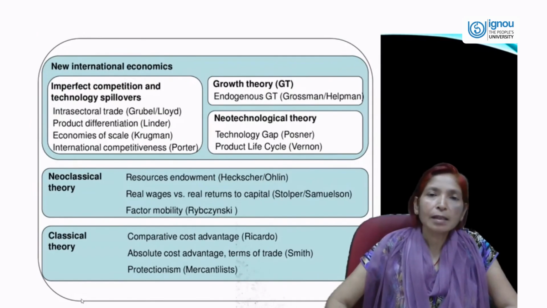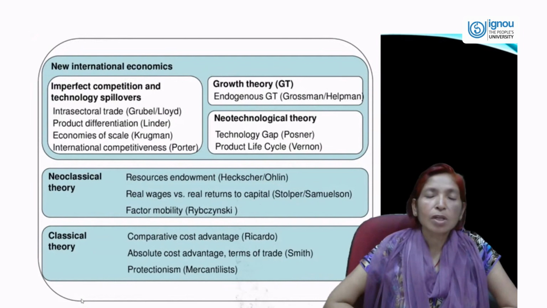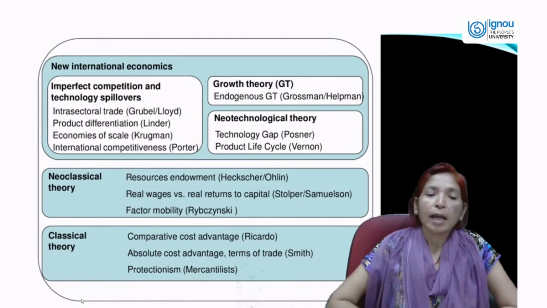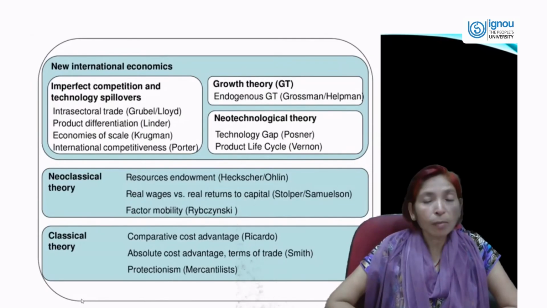Then the new classical theory of international trade, in which the concept of resource endowment was first taken by Heckscher and Ohlin, and real wages versus real return to capital, the Stolper-Samuelson theorem, factor mobility theory or Rybczynski theory.